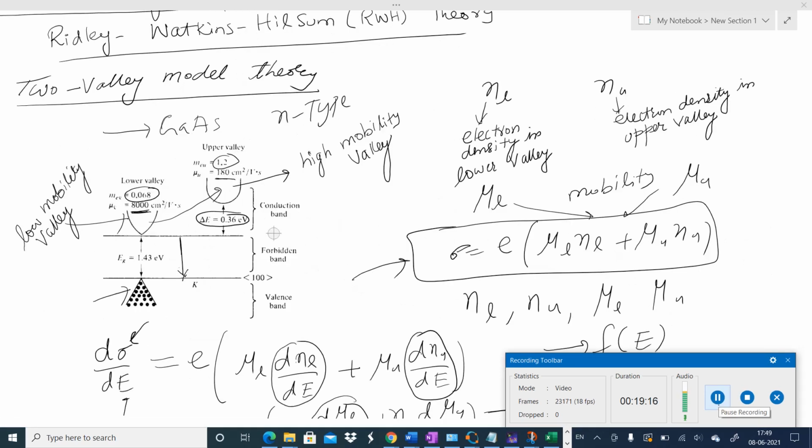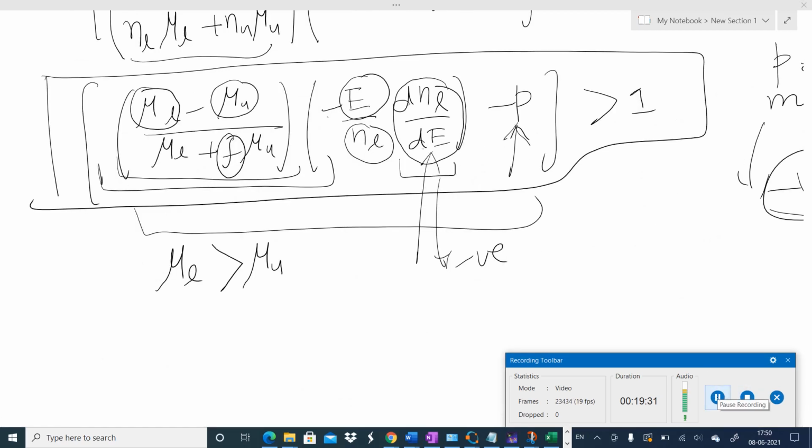So this now justifies this diagram also, why the gallium arsenide is fabricated in such a way that the mobility of lower valley, you can see, is higher than the mobility in upper valley. Hence we can summarize, on the basis of this Ridley-Watkins-Hilsum theory, that the band structure of semiconductor must satisfy some conditions so that it exhibits negative resistance.